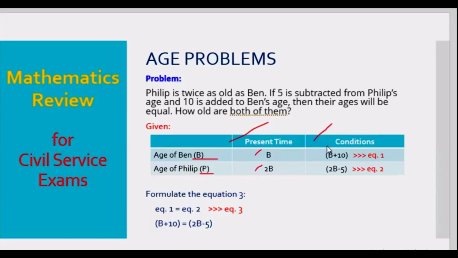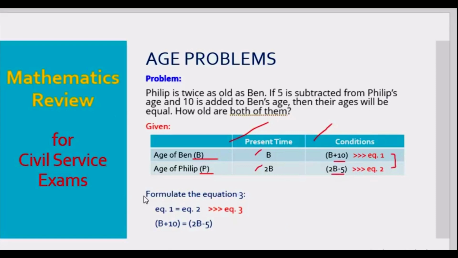So what are the conditions? First condition: if 5 is subtracted from Philip's age, and Philip's age is 2B, so 2B minus 5. That is one equation. The other condition is if 10 is added to Ben's age, and the age of Ben is B, so B plus 10. These are our two equations from the given conditions.